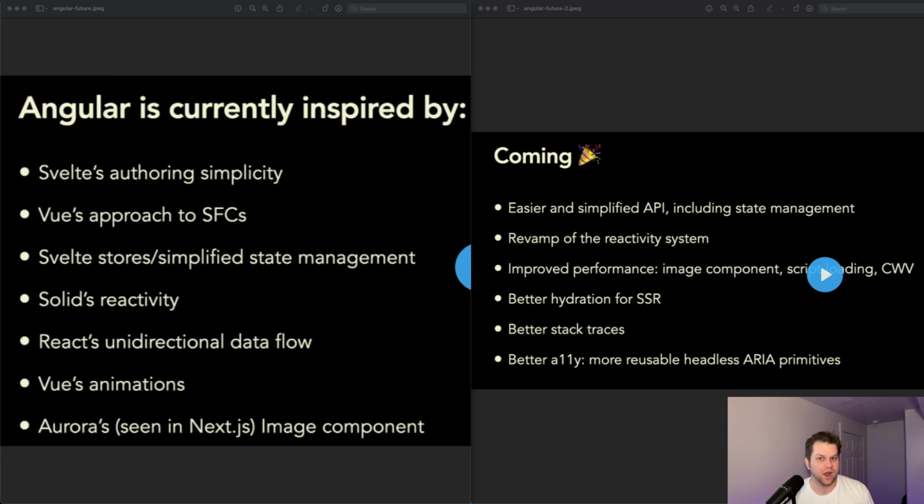Because you subscribe to Svelte stores just like behavior subjects, and you set the state just like you do with behavior subjects. To me, this is very dumb, to look over at Svelte and be like, oh man, people love Svelte. Let's take in whatever we can. And this whole state management thing, people are kind of rebelling against these complicated things.